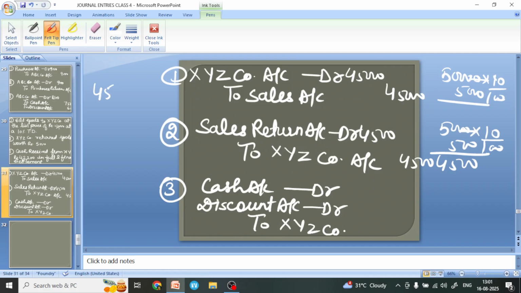Now 45,000 minus 4,500: 10 minus 5, 5, 10 minus 5, 5, 4 minus 4, 0. Remaining value of goods 40,500.